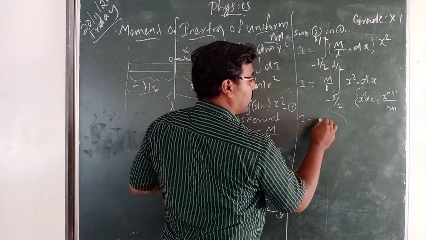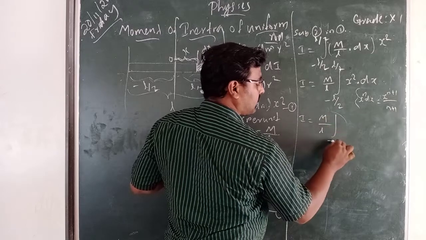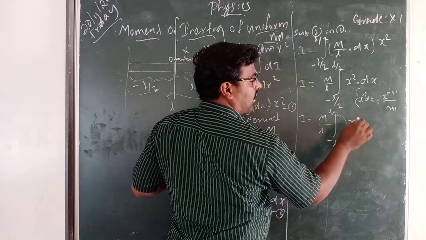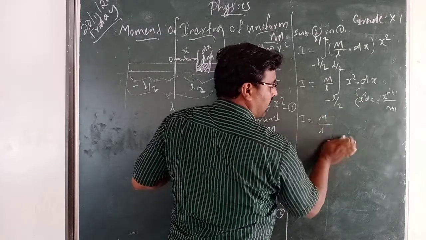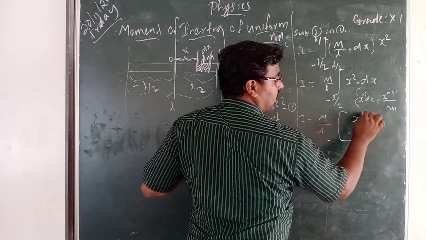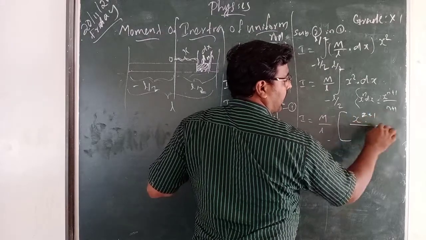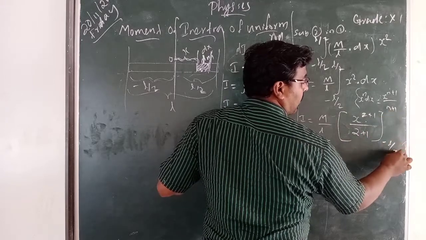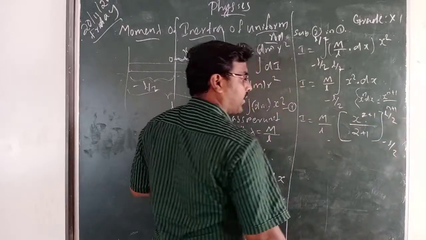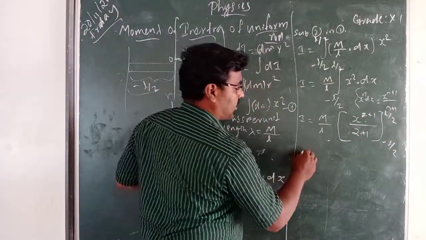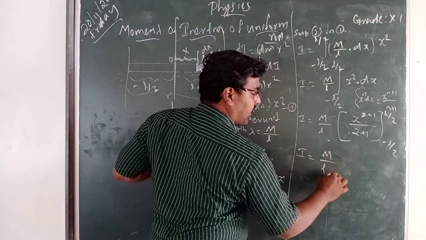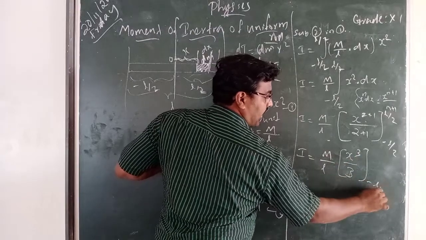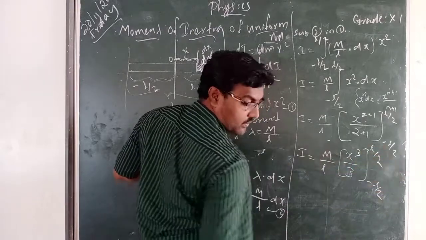So I is equal to M by L, x cube by 3, from minus L by 2 to plus L by 2.